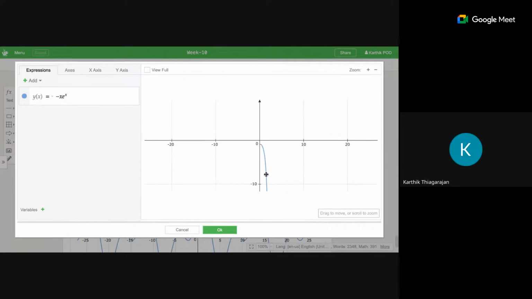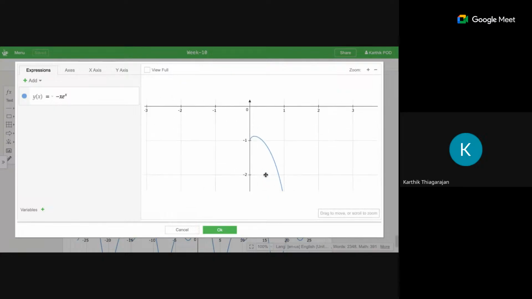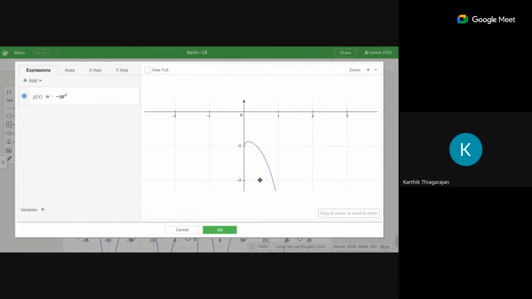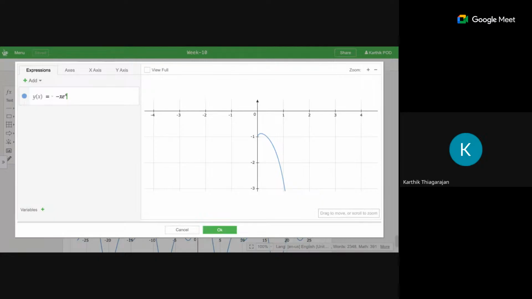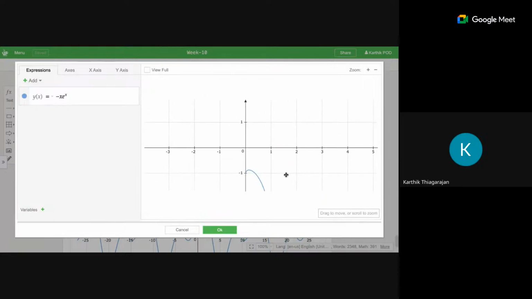Is it concave, by the way? Half concave, right? By the way, why is it not having anything on the left hand side? Is the left branch of the function missing?